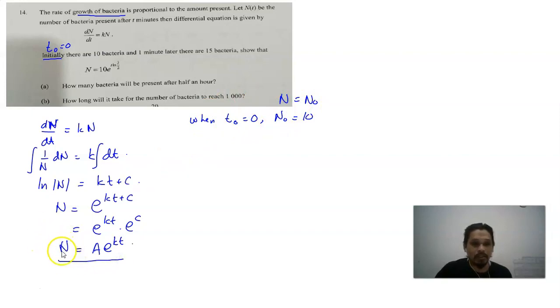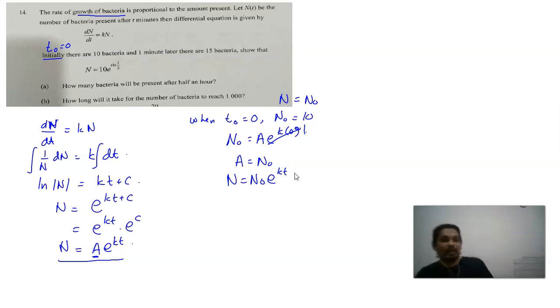Substitute N naught here: N naught equal to A e power of K times T, with T equal to 0. K times 0 equal to 0, e power of 0 equal to 1, 1 times A equal to N naught. So this A, we replace with N naught, so N equal to N naught e power of KT.